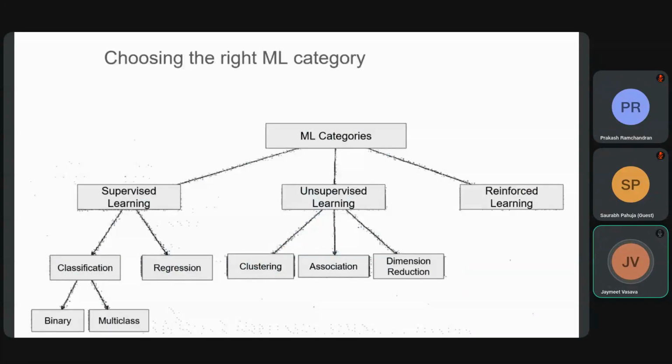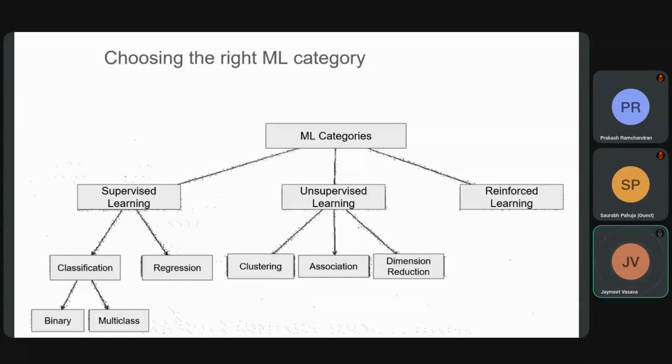So these are the ML categories that we have often referred to when we are talking about ML. We have supervised, unsupervised, reinforced. Supervised means we already have the output and we are trying to make the model learn and have the highest probability for the likeliest of the outputs.